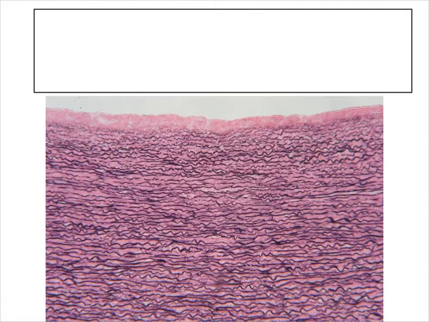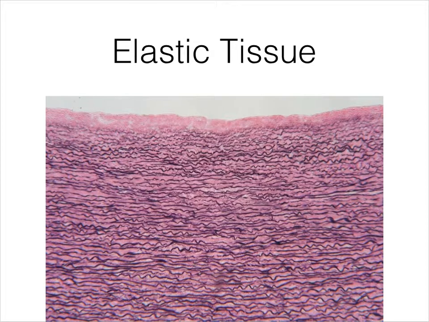All right, so this is elastic tissue. Now, I might have forgotten to talk about elastic tissue earlier on. I might go back and try to edit that in at some point. But elastic tissue is different from elastic cartilage. Elastic cartilage is cartilage. It is chondrocytes in lacunae.